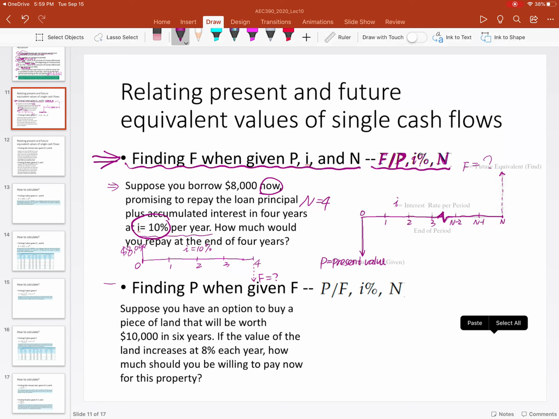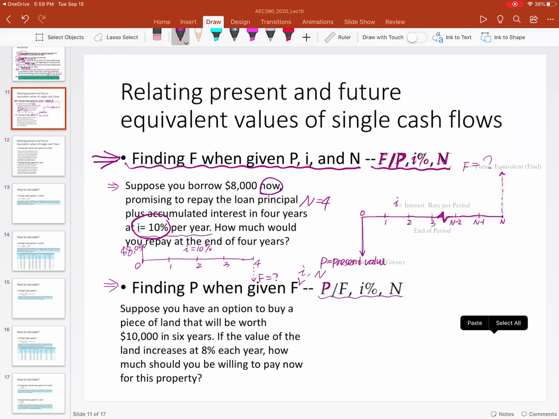And another scenario is to find P when F is given. Of course, the I and N will be given as well. You can also simplify this scenario by writing this term.